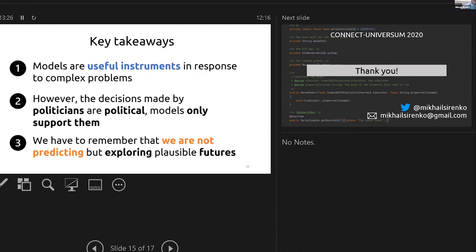Finally, I also want to stress that in our case, we do not predict. You perhaps often hear elsewhere that our predictions show that the infections will go down somewhere in March. In this project, we strongly advise against that. We're not predicting, we're just exploring what could happen.